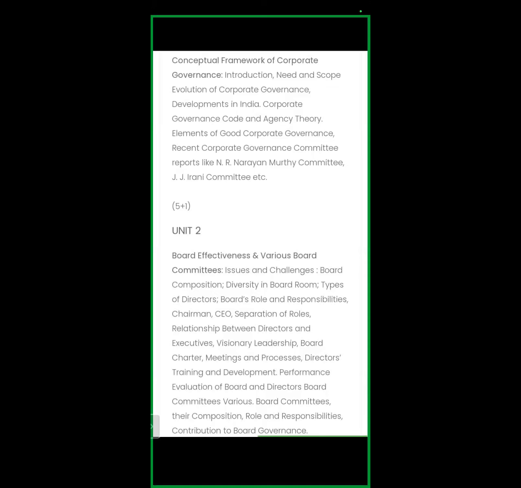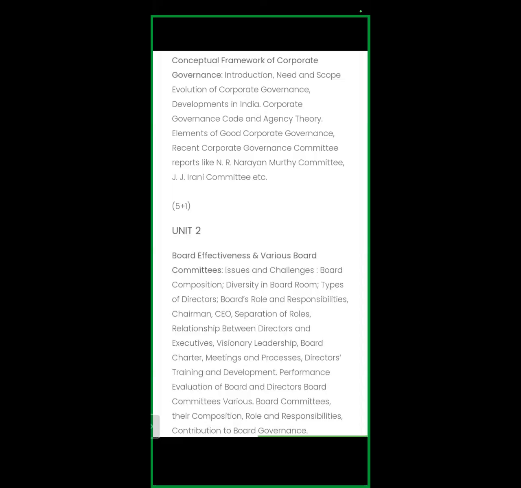So when we are aware of the cases, it becomes easier to understand the importance of corporate governance, that why there has to be certain guidelines. If no guidelines are there, there will be a number of problems. Everyone will come up with his own rules and regulations. To avoid that chaos, there is a need for the guiding principles of corporate governance.